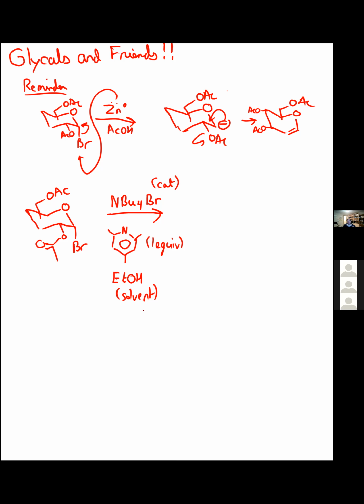Do you switch to the beta bromide? Perfect. There's a catalyst. It's there for a reason, and often the first step of a reaction is the rate determining step. And so we've seen that this catalyst, in the presence of an alpha bromide, switches us to a beta bromide. So absolutely.